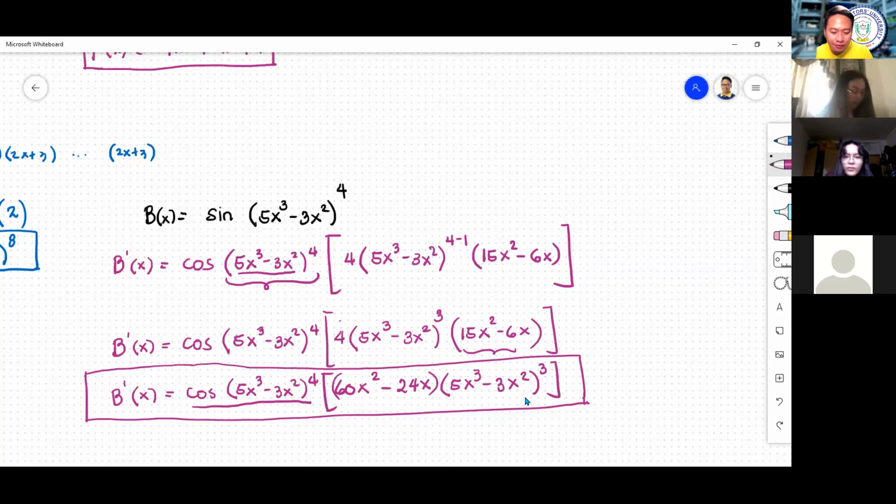So we have d over dx of sine of 5x cubed minus 3x squared, raised to the power of 4. So the answer that we have, guys, is 4. Okay, I got it. Okay.